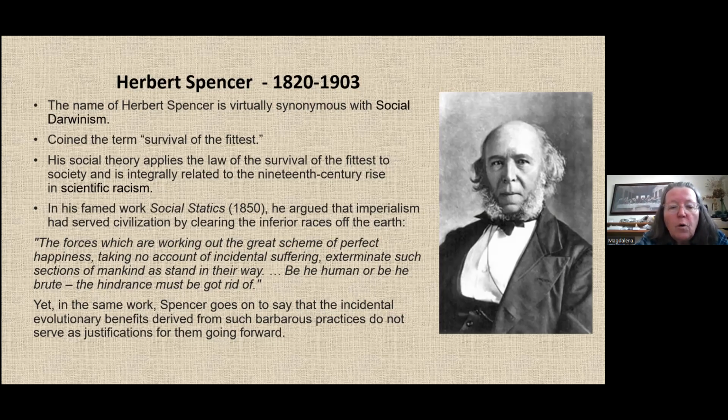Be he human or be he brute, the hindrance must be got rid of. But in the same work, he also goes on to say that the incidental evolutionary benefits derived from such barbarous practices do not serve as justification for them going forward. So he's kind of covering his behind.